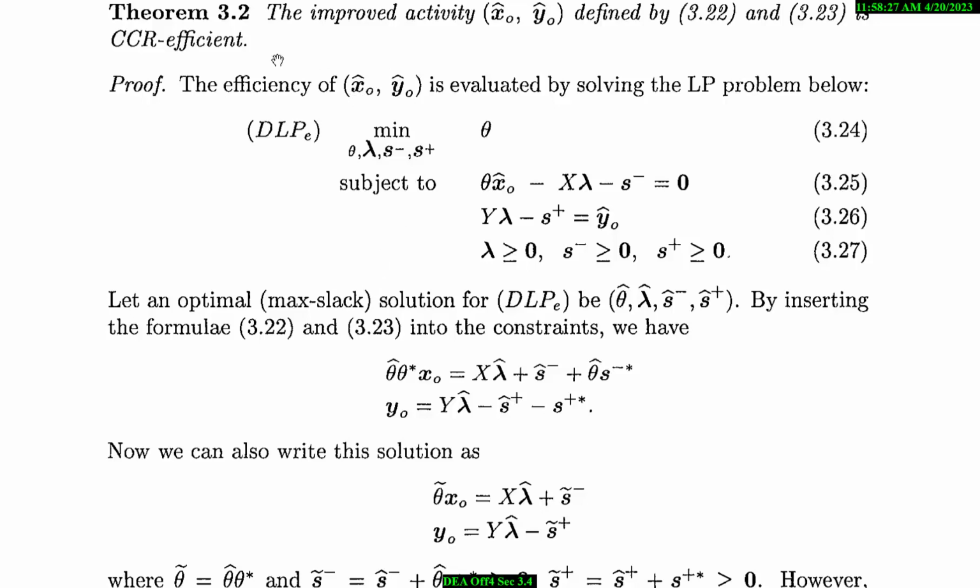By the definition, we want to show this is CCR efficient.